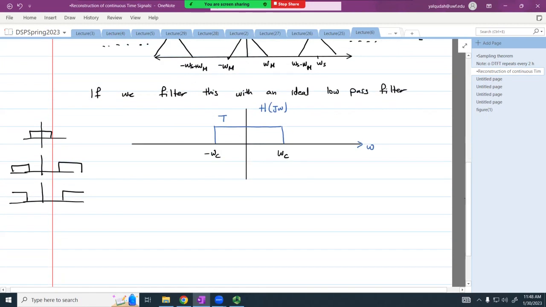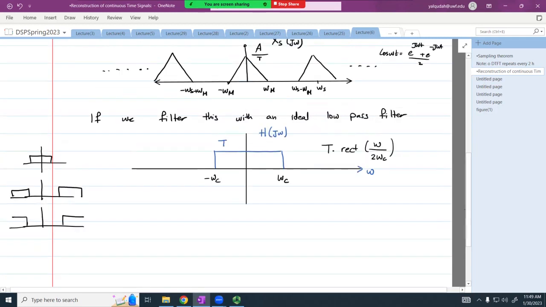Now looking at this, this is a t. I can write this as a t multiplied by rect of omega over 2 omega c, which is the width of this filter. Now, what is the condition on omega c for me to be able to recover my signal?